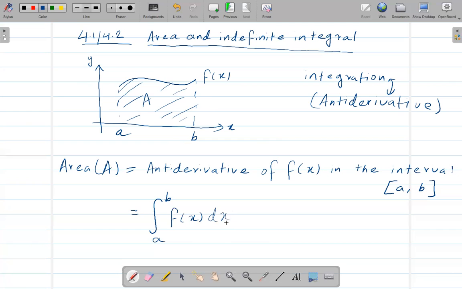And the reason we have x here is because we are looking at the interval a to b, which is on the x-axis. Okay, so this is how we write the integral, or antiderivative. So what we can say from here is that the integral, something like this, also means the area, right?